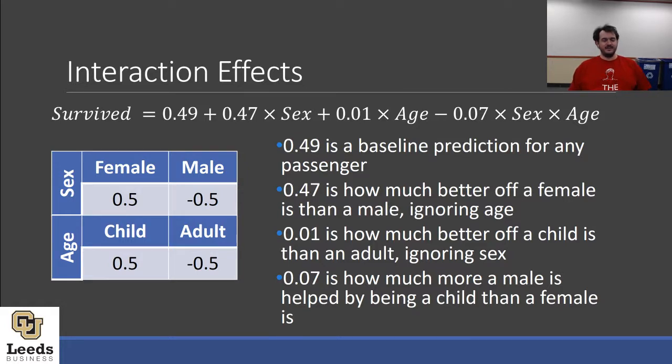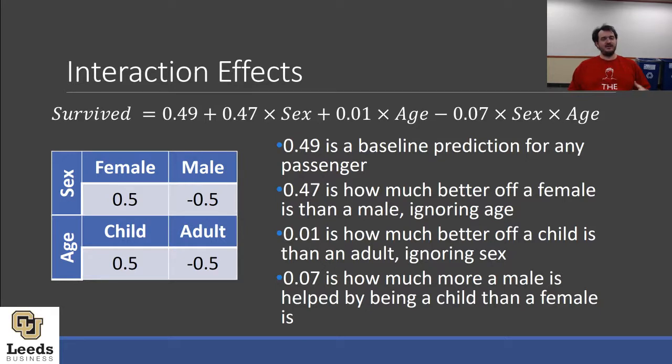Now, the last little bit is somewhat complicated, but what it measures is how much more a male would be helped by being a child than a female would be.